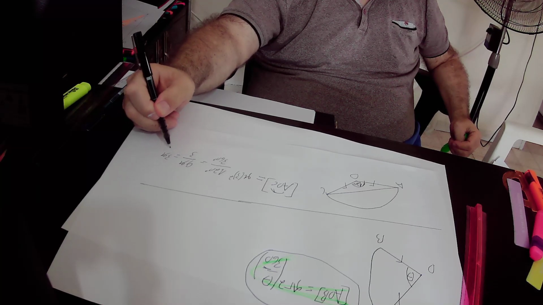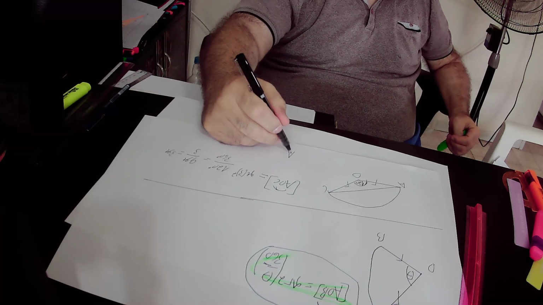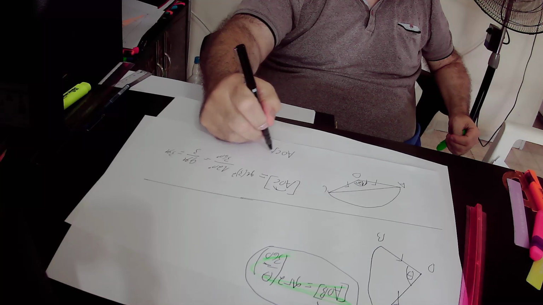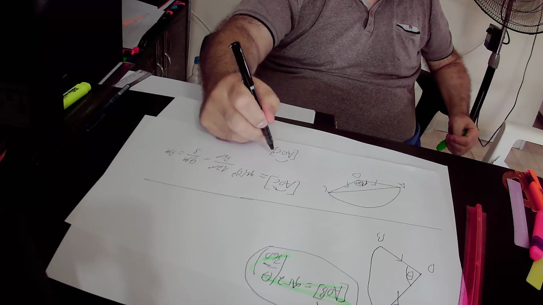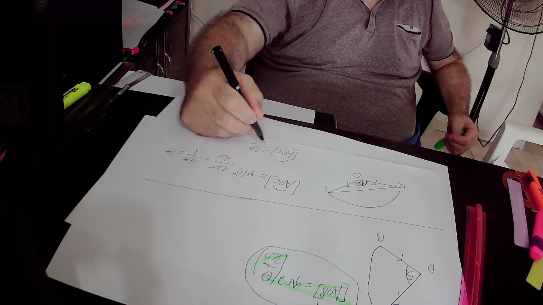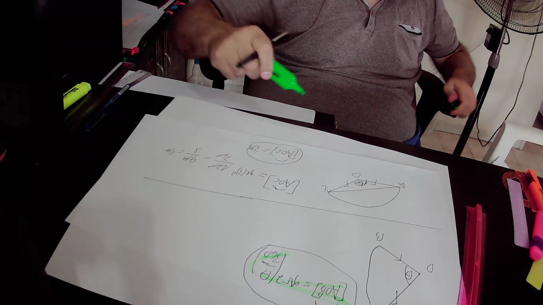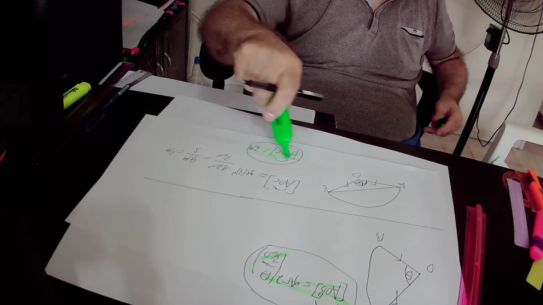So in conclusion, we found out that the area of sector AOC equals 3 pi square units. Okay, the area of sector AOC equals 3 pi square units.